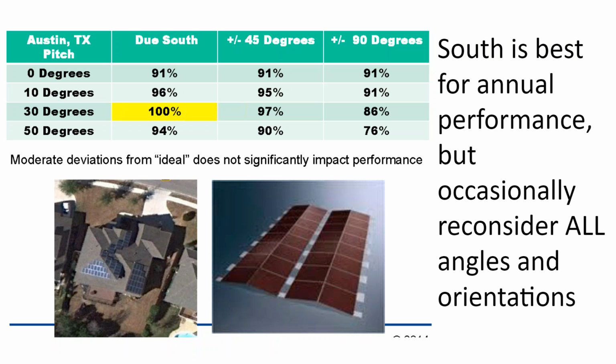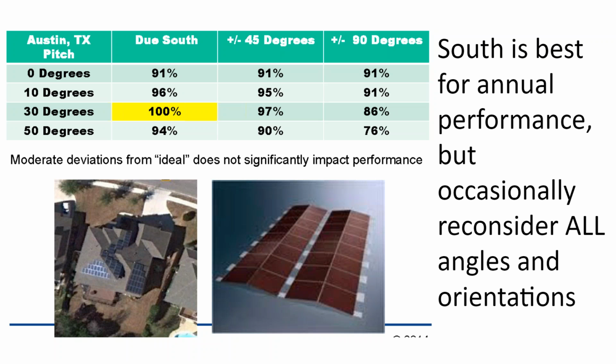Now, that doesn't take into account the other side of the equation, which is how much that electricity is worth. If you have a utility policy where they're buying back every single kilowatt hour at retail price, then the ideal tilt would produce the most energy.